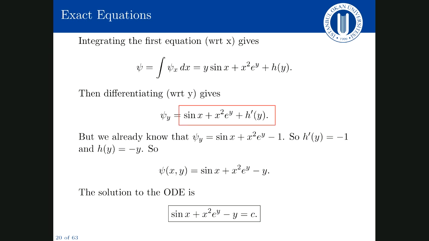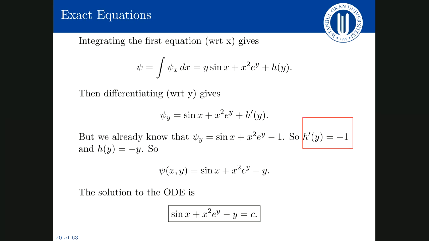But we already have a formula for psi y. We already know that psi y is sine x plus x squared e to the power y minus 1. So we know that h prime must be minus 1.